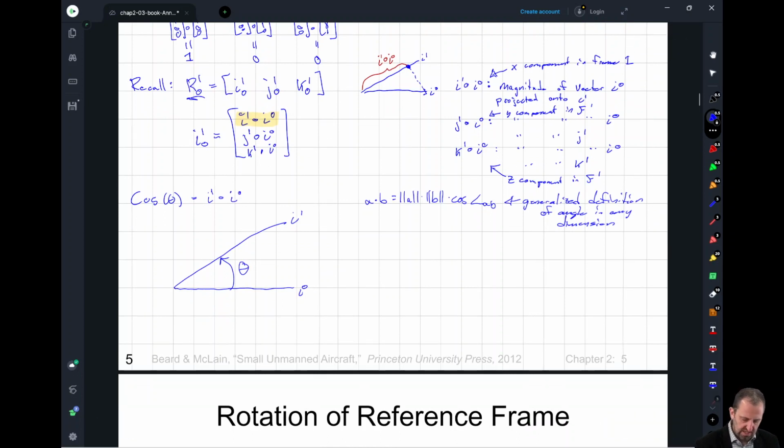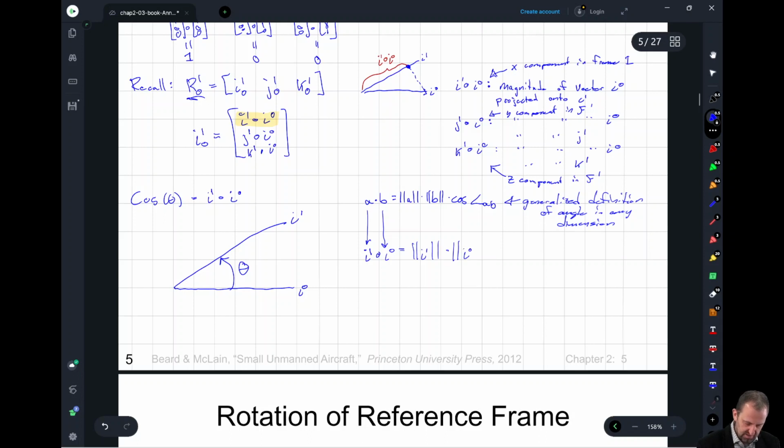So if we directly take A as our I1 and B as our I naught, that's going to be equal to the magnitude of I1 times the magnitude of I naught, times the cosine, and we already defined that the angle between them is theta, so cosine of theta.